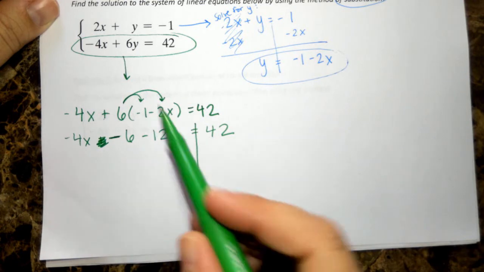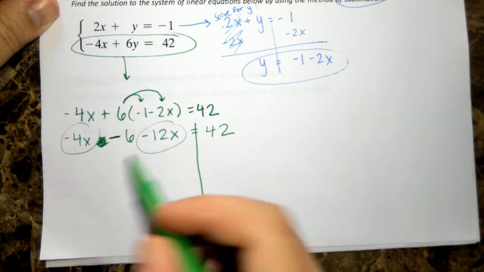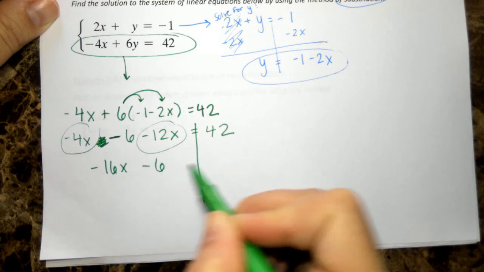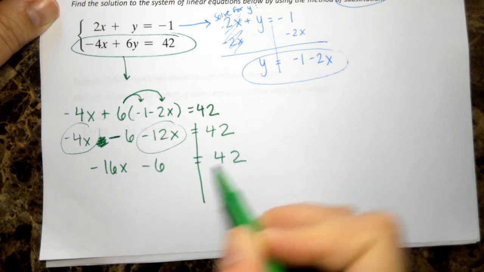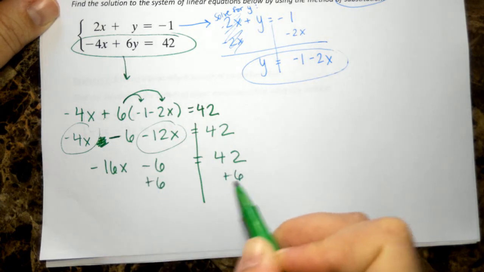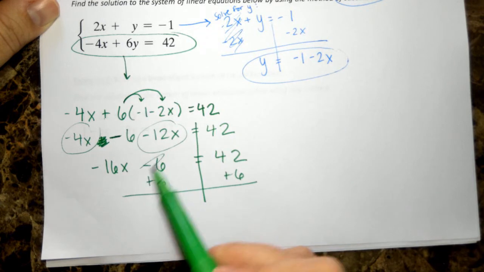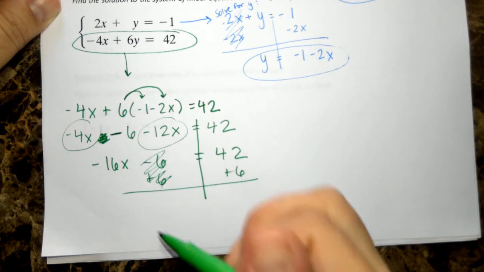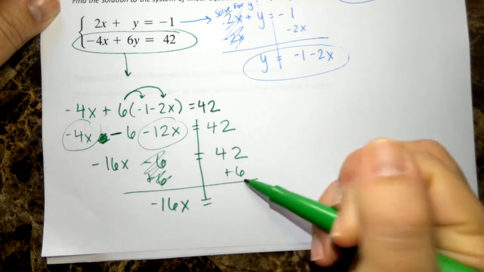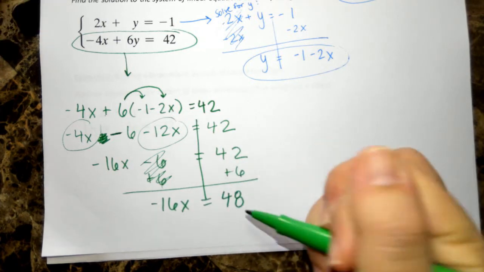Negative 4x minus 12x is negative 16x. We still have this minus 6. I'm trying to solve for x, so I would add 6 to both sides of the equation. Minus 6 plus 6 cancel. And I have negative 16x equals 42 plus 6, that's 48.